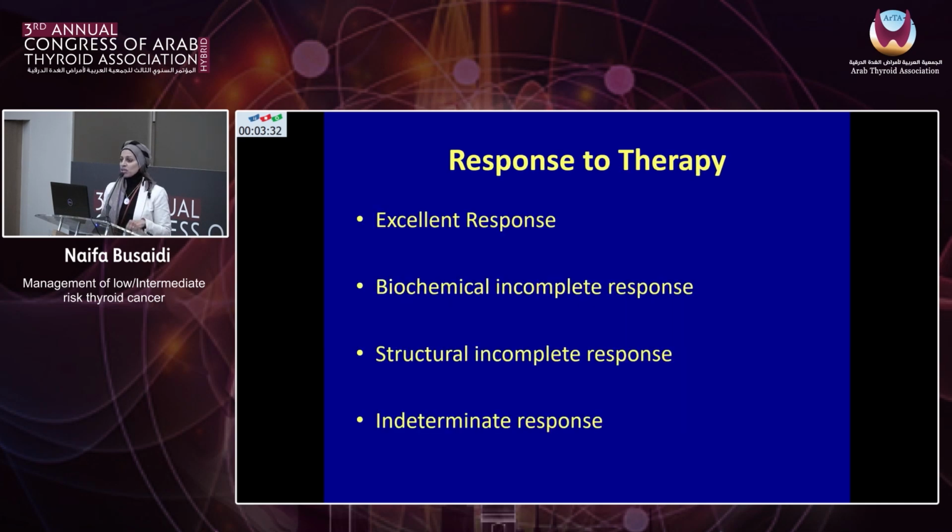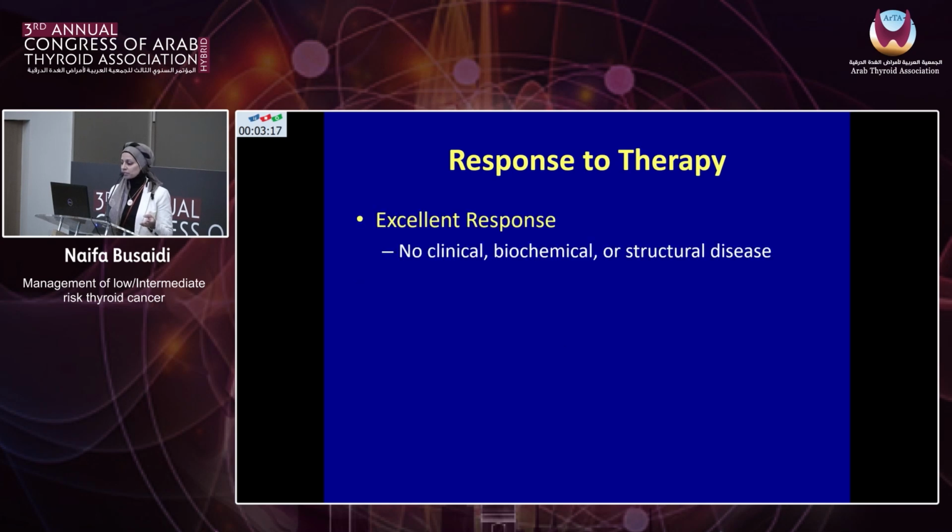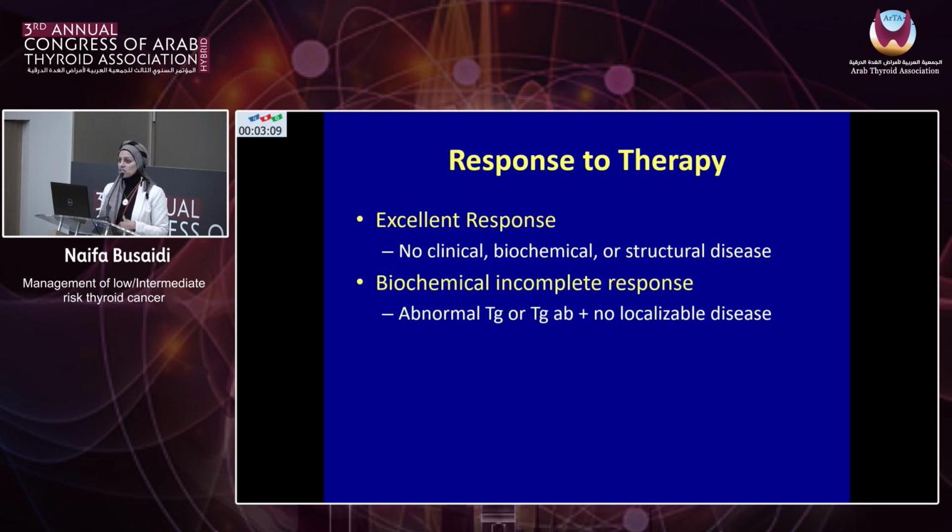There are 4 categories that were created so that we all use the same language across the world. Patients either have excellent response to therapy, biochemical incomplete response to therapy, structural incomplete, or indeterminate response. What do all these words mean, right? If any of us say excellent response to therapy in our clinical notes, it means that there's no clinical or biochemical evidence of disease, right? So we did the imaging and the labs.